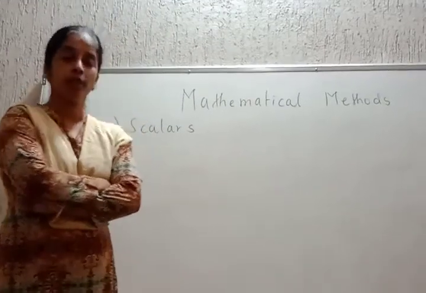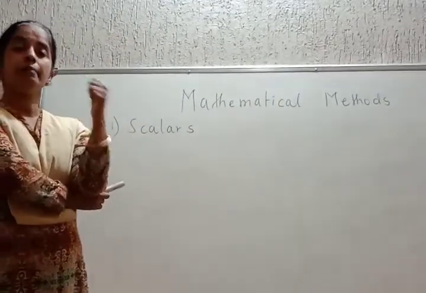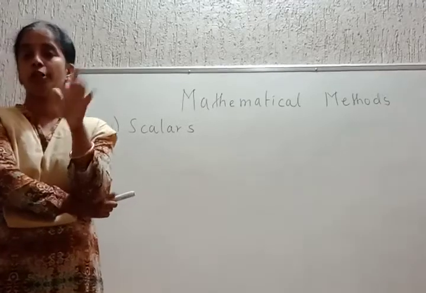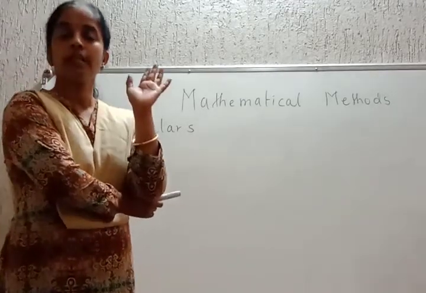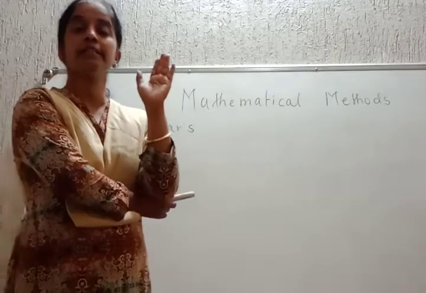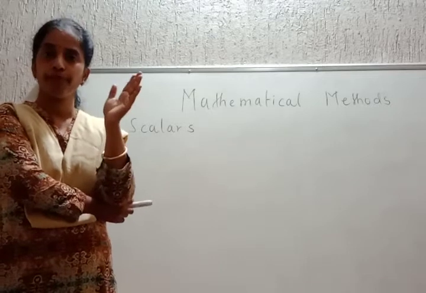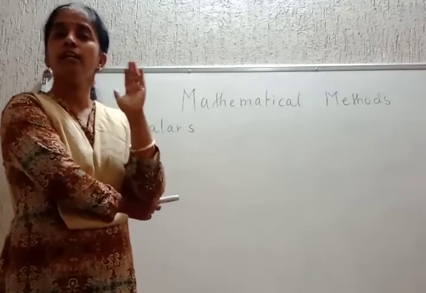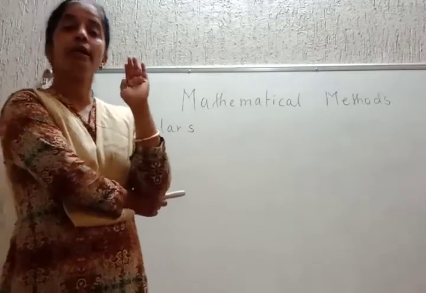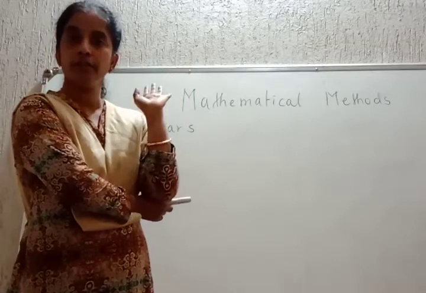Okay, point number 1. They are represented by a measurement and a particular unit. Means, scalar quantities are always represented by measurement. Measurement in another language is called magnitude. So, scalar quantities are always shown by a magnitude and a unit.